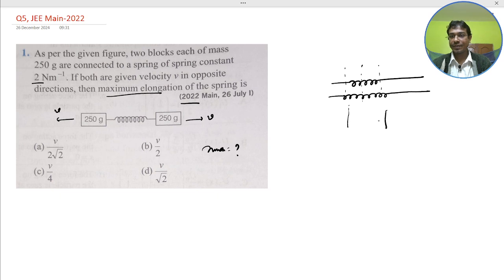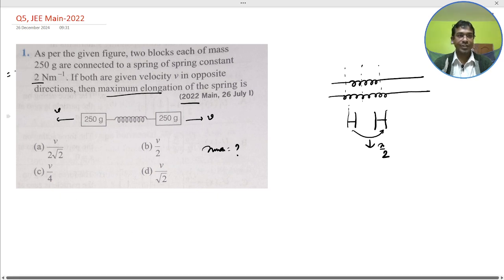Suppose this elongation is x by 2. So you have to find m, 250 gram means 0.25 kg.